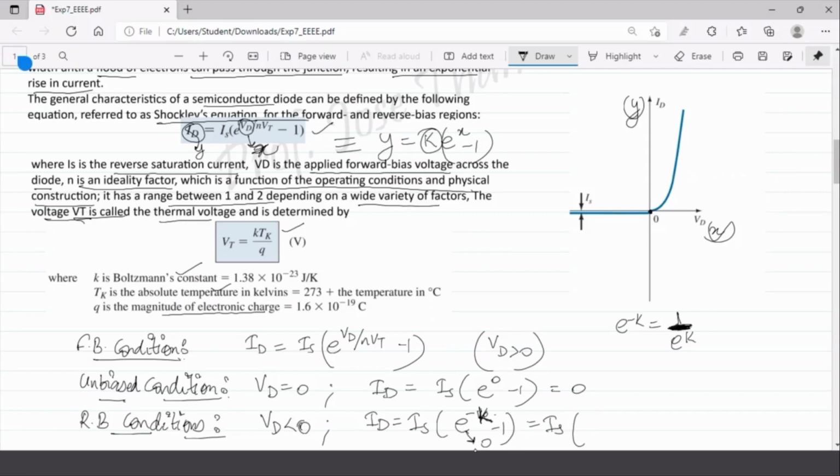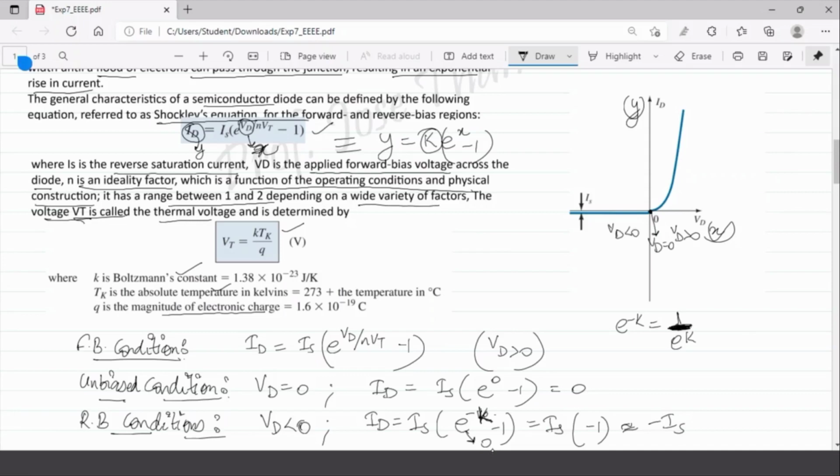When you compare this value with respect to 1, it will be very, very small. If I neglect this with respect to 1, I can say this is 0 minus 1, or this becomes approximately equal to minus Is. So in the graph, this is for Vd greater than 0, this is for Vd equal to 0, and this portion is for Vd less than 0.